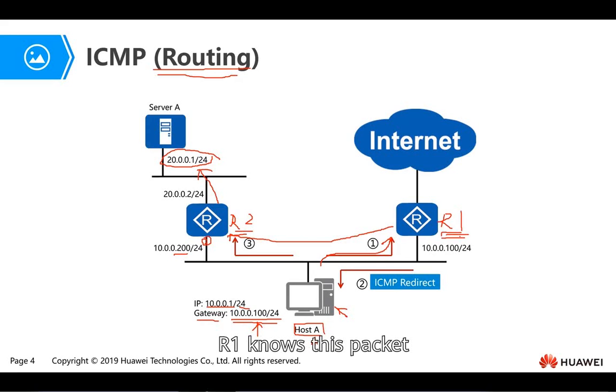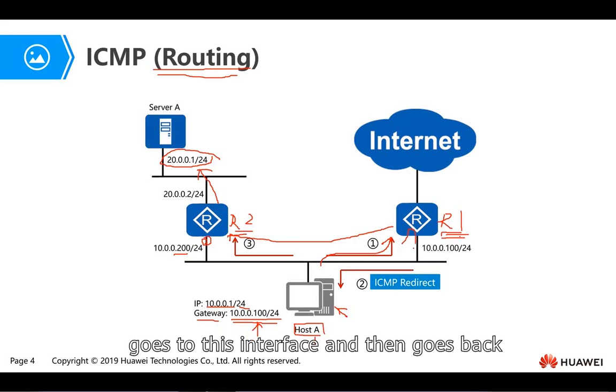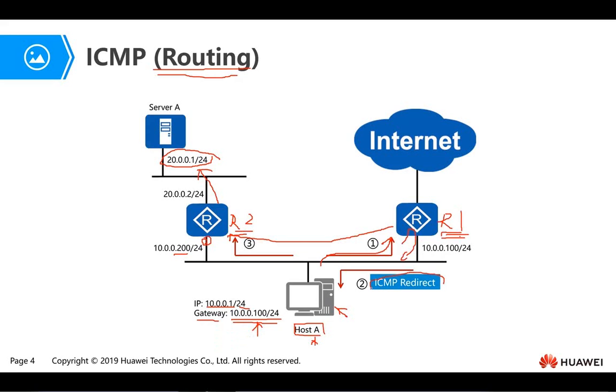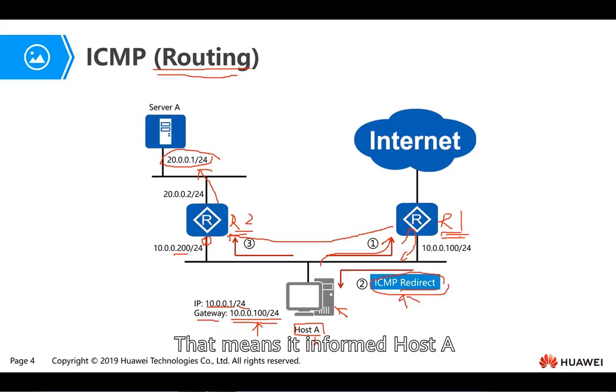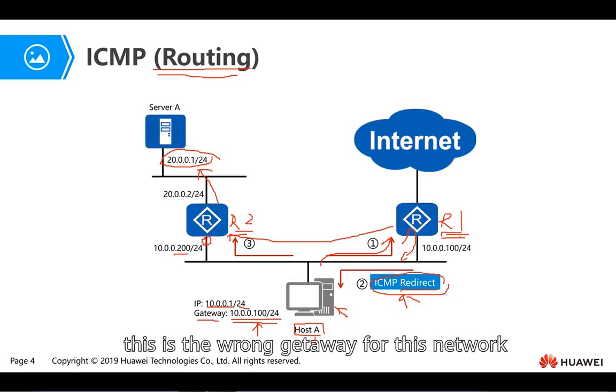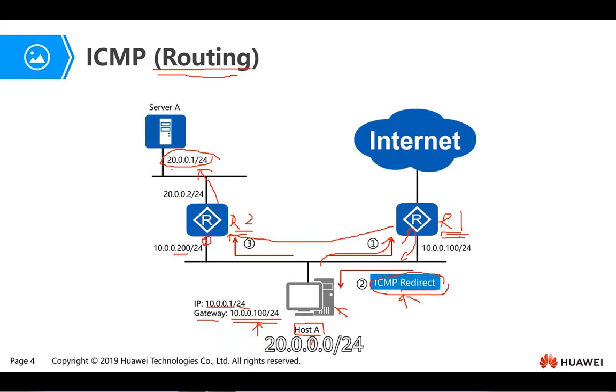R1 knows this packet is going out the same interface it arrived on and then going back, so R1 will send an ICMP message. We call this the ICMP redirect message. It informs host A that this is the wrong gateway for the network 20.0.0.0/24.